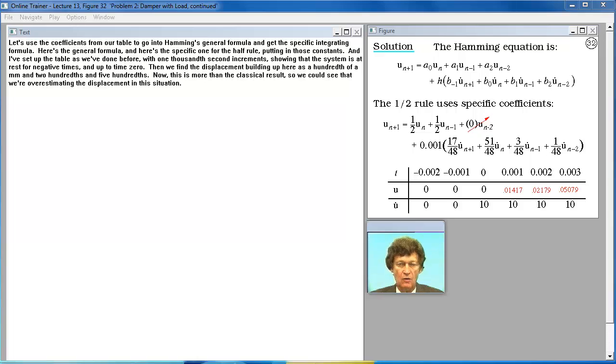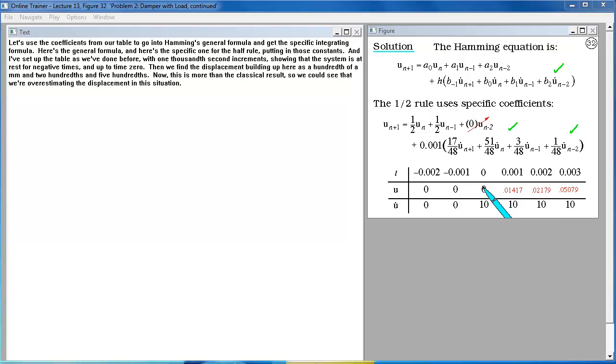Let's use the coefficients from our table to go into Hamming's general formula and get the specific integrating formula. Here's the general formula, and then here's the specific one for the 1/2 rule, putting in those constants. Then I set up the table as we've done before with 1,000th second increments, showing that the system is at rest for negative times and up to time 0.